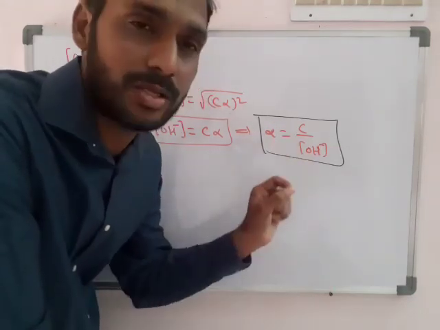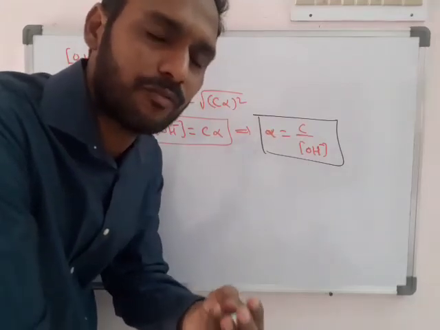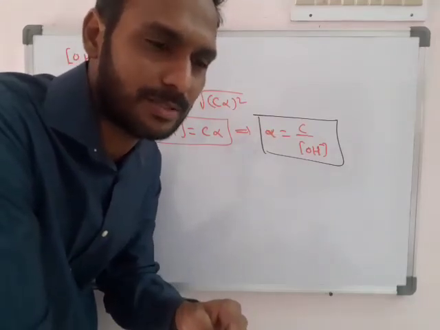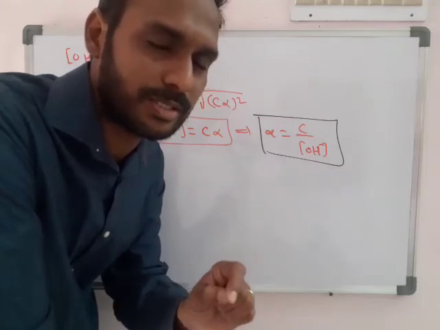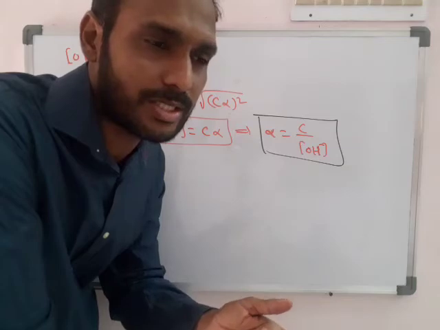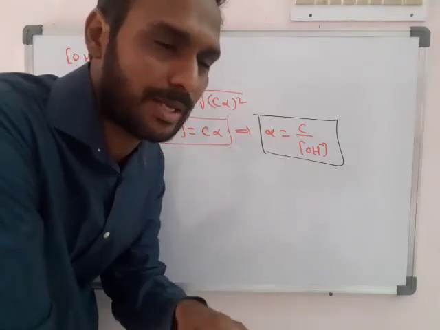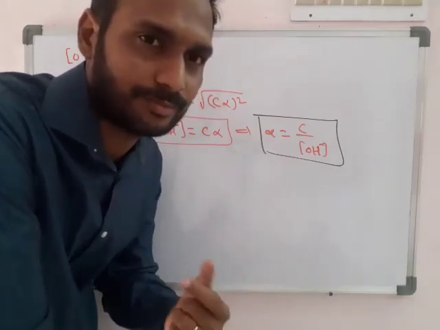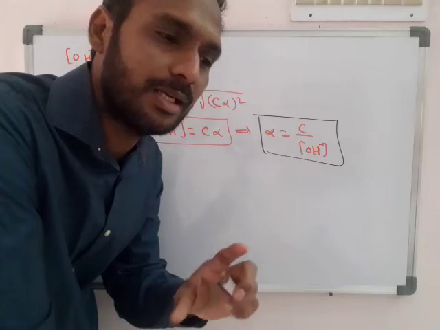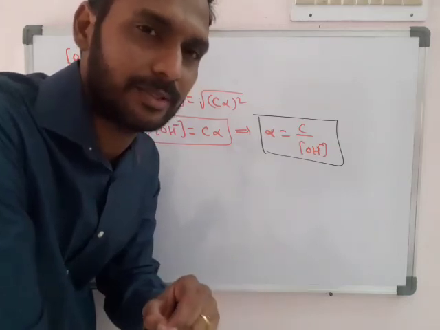For strong acids and strong bases, the acid concentration equals H plus concentration, and the base concentration is nothing but OH minus concentration. If we apply the formula to a strong acid or strong base, we will get alpha equal to 1. That's why these formulas we have to use in problems where weak acids are taken.